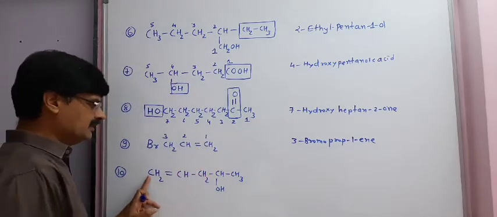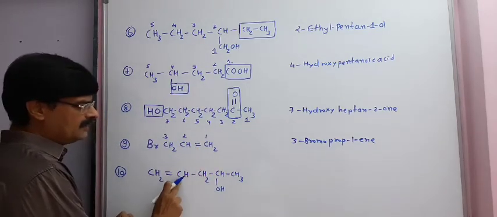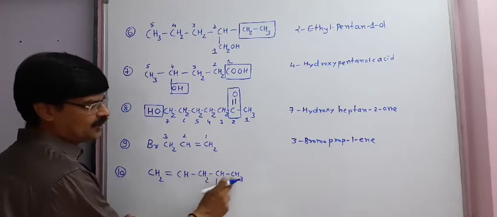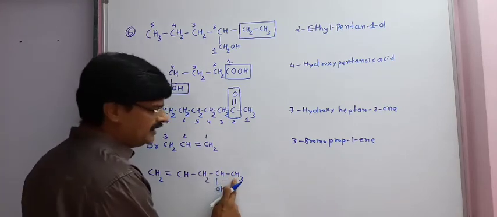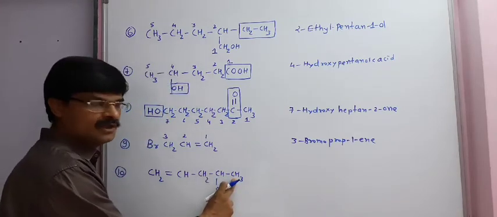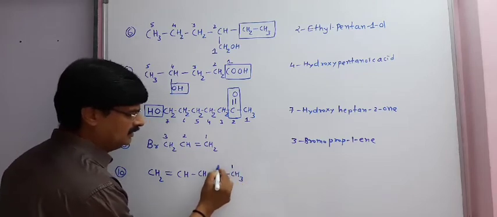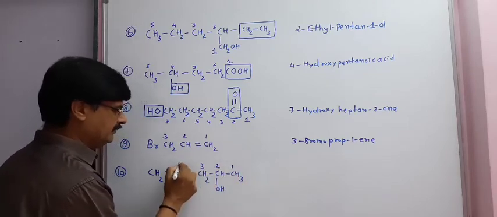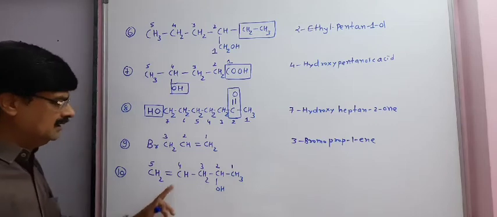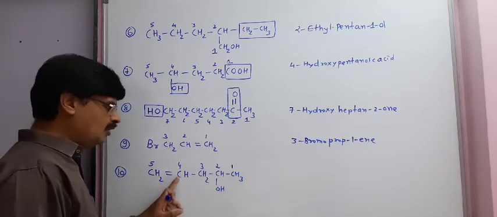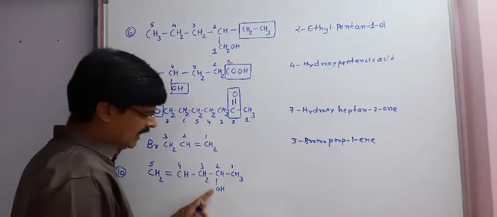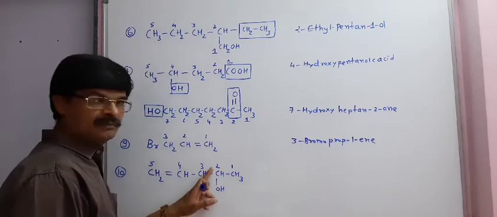Now for this one, CH2 double bond CH, CH2, CHOH, CH3. First of all, beside the longest possible chain of carbon atoms, we get 1, 2, 3, 4 and 5. We have a double bond on carbon number 4 and the OH functional group on second number.